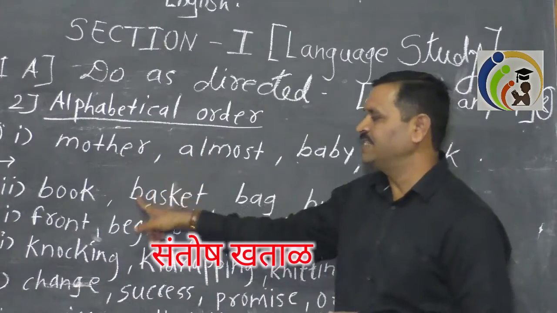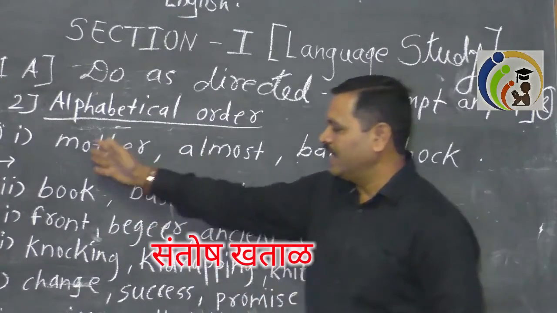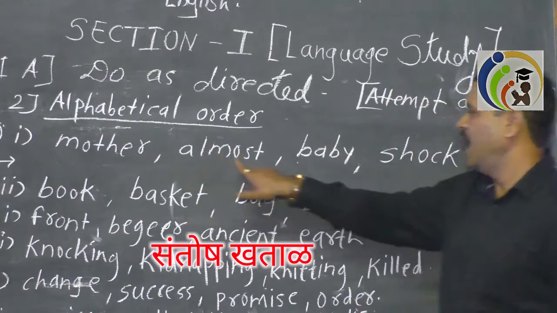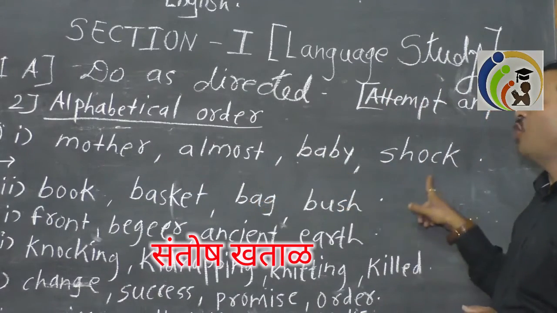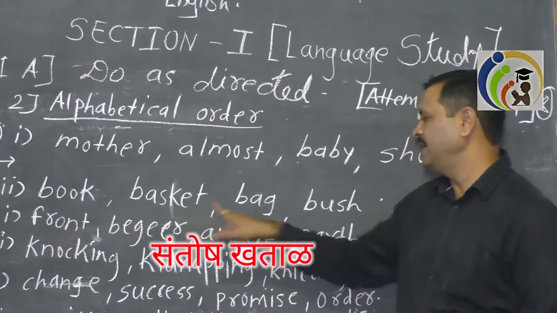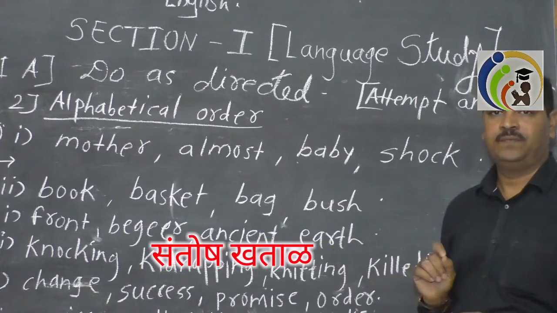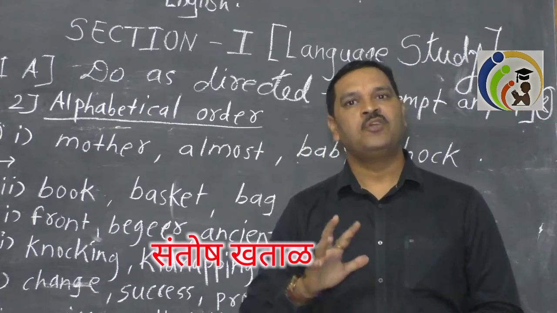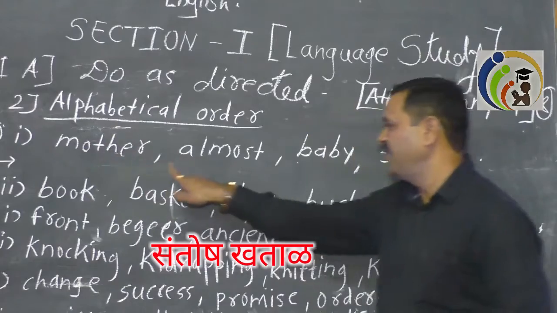Now come to this. So here two sets are there. We have taken three examples. The first one is mother, almost, baby, shock. And the second set is book, basket, bag and bush. The first set is very easy because the starting letters are different.